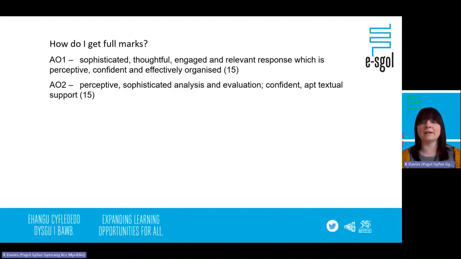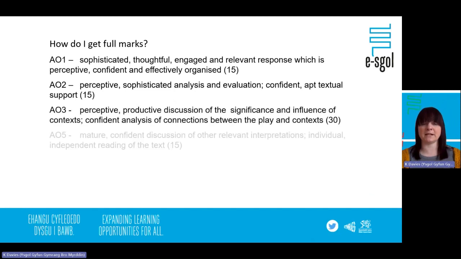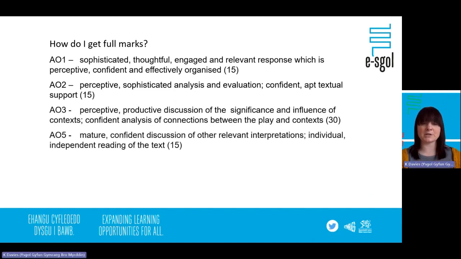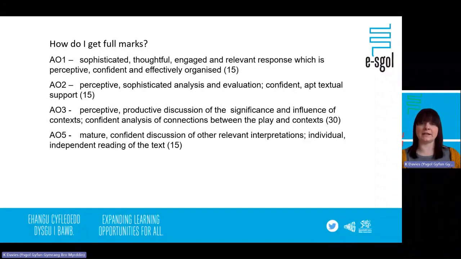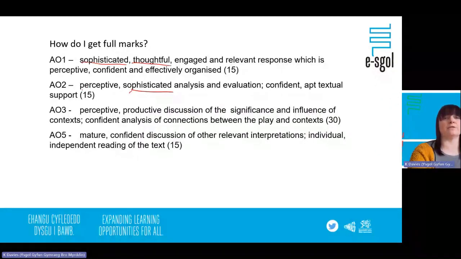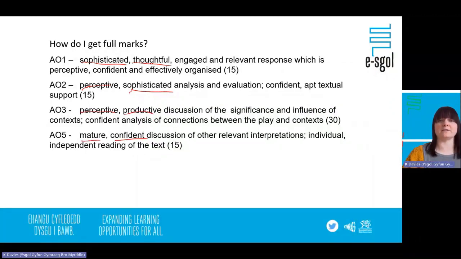So again, looking at the band 5 descriptors for this particular answer and this question. Remember here that your examiner will be looking for a good essay which answers the question directly and fully. But if we look at the keywords being used here: sophisticated, thoughtful, perceptive, productive, mature, confident.